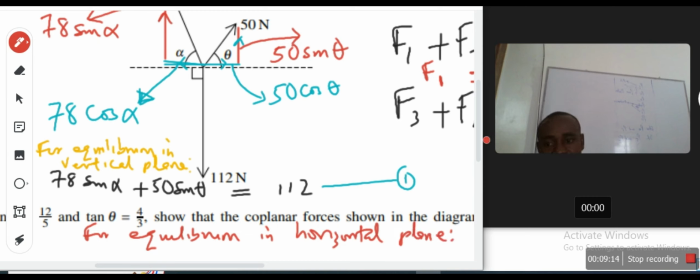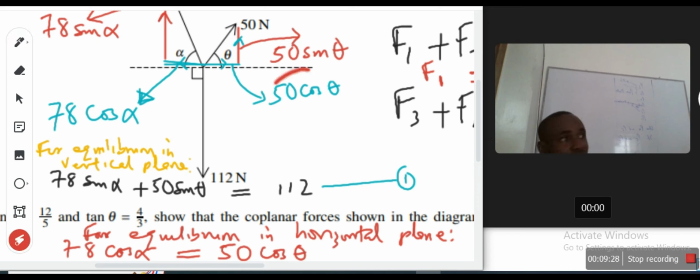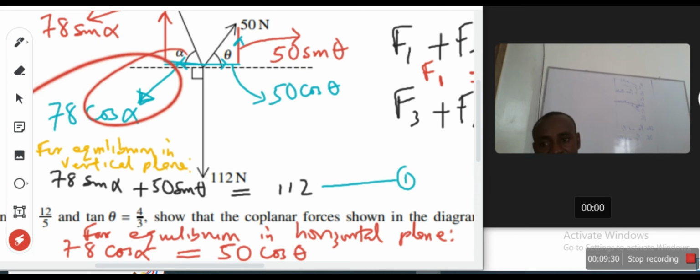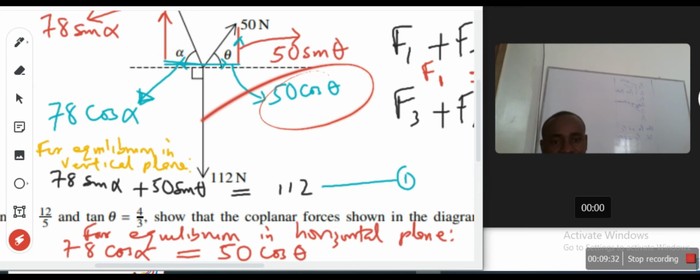For equilibrium in the horizontal plane, you said 78 cos alpha is equal to 50 cos theta. Do we all agree? This one to the left, 78 cos alpha, is equal to this one to the right, 50 cos theta.